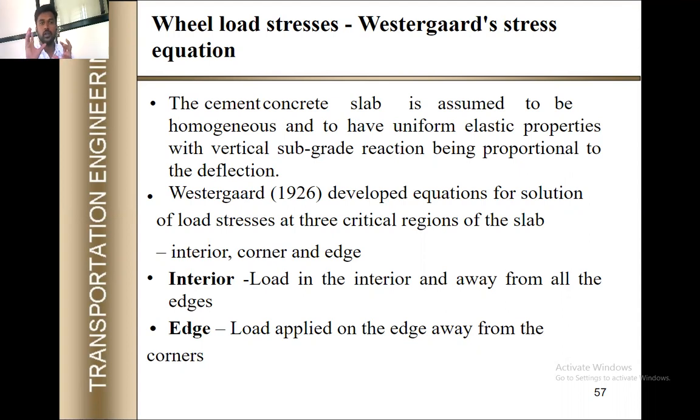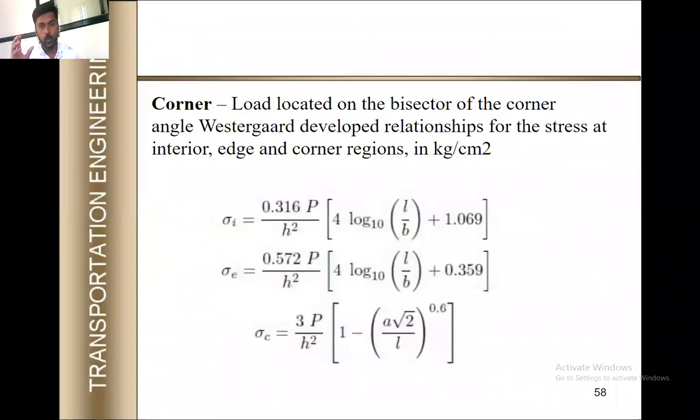Means, whenever we are considering the interior, it should be away from the edges. When we are considering load at edges, it should be away from the corner. And when we are considering the load at the corner, it should be at the exact corner, which is bisecting both the edges.